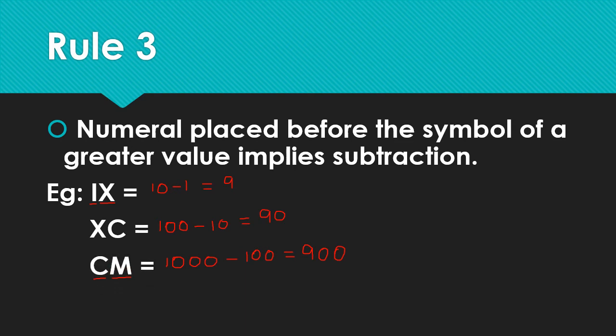Next, CM. C is the smaller value, M is the greater value. So you have to subtract from M, that is 1000. M is 1000 minus 100. So 1000 minus 100, you will get 900.